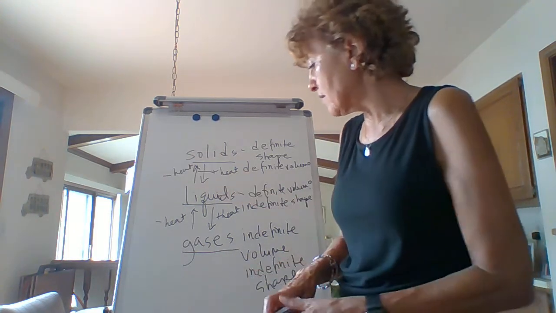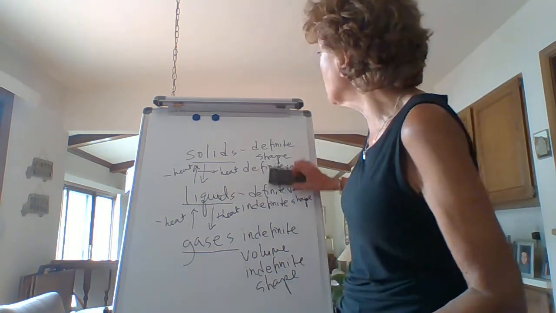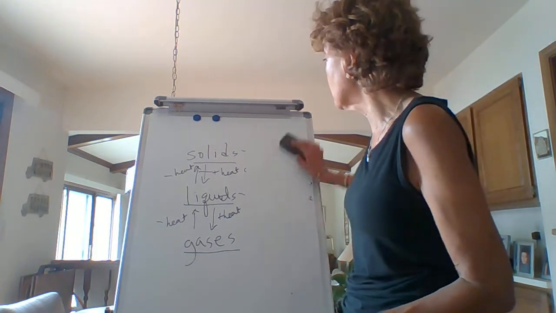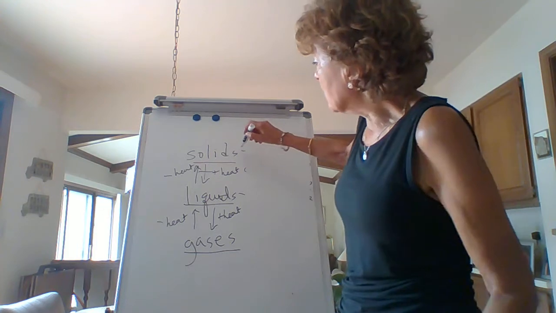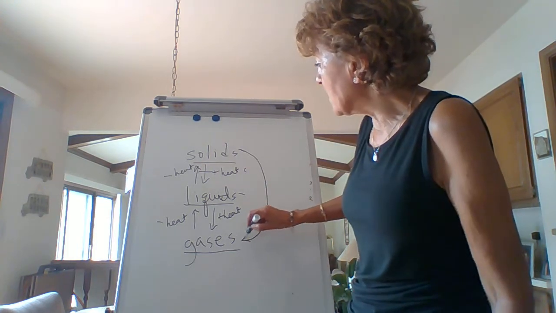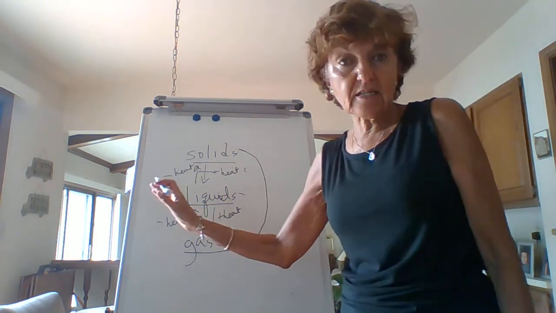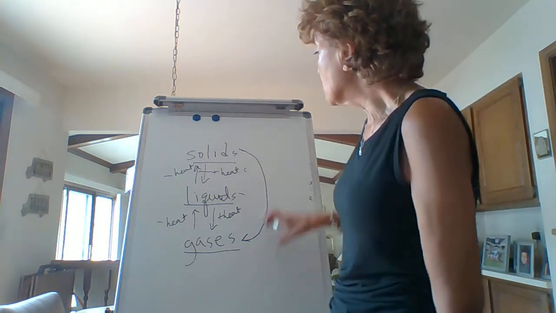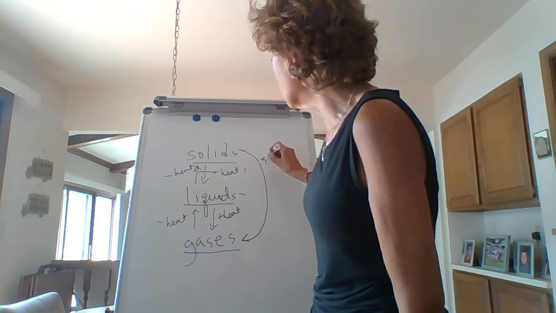Just real quick, and I know this board is looking super messy right now. Since we're talking about this, you can go directly from a solid to a gas and bypass the liquid state entirely, and we're going to be doing a lab that deals with this. Solid all the way to a gas is called sublimation.